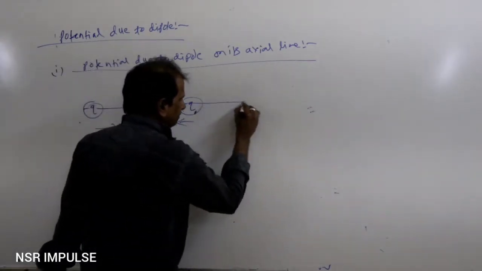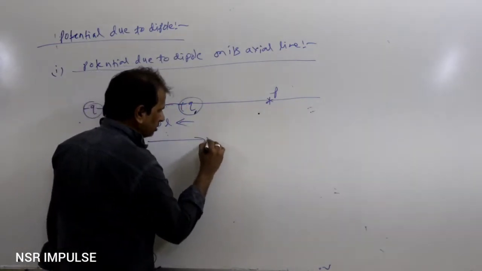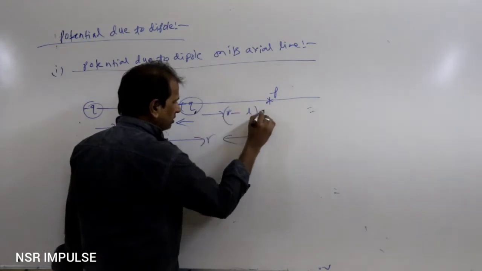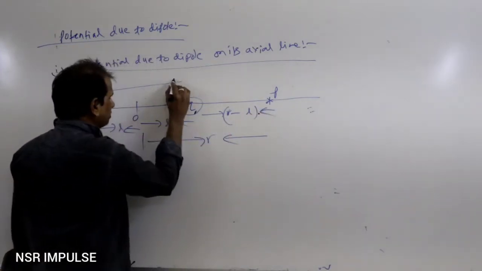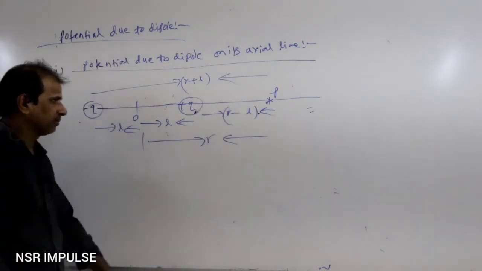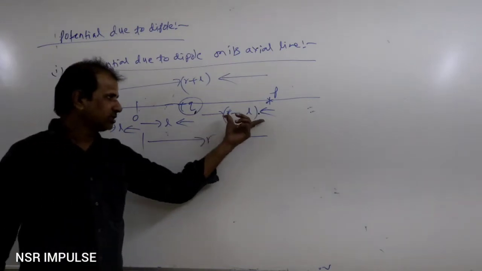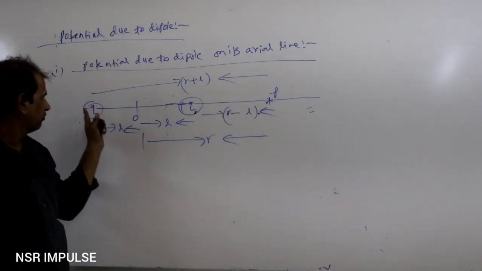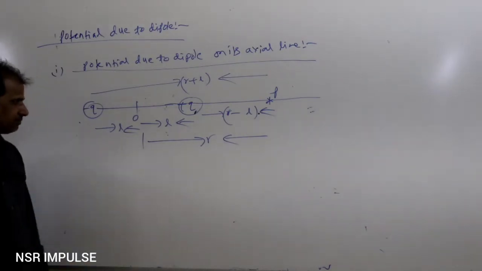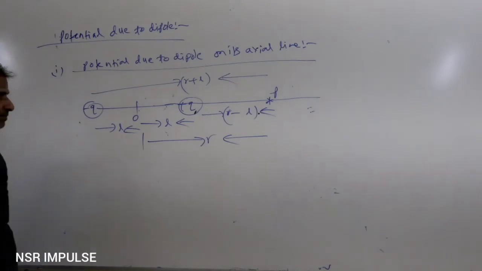and then this is the point P, this distance is r, this is r minus L, and this distance is r plus L. This distance is r minus L. From here to here, this distance is how much? r plus L. So this is the point O which we have taken.